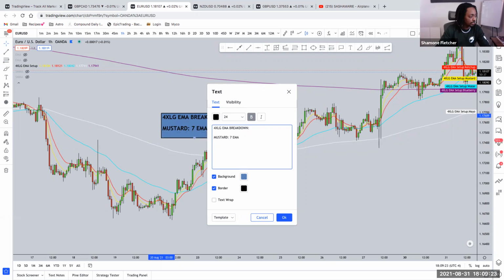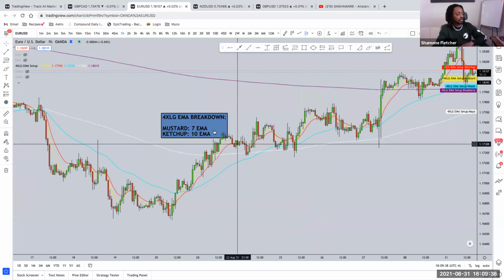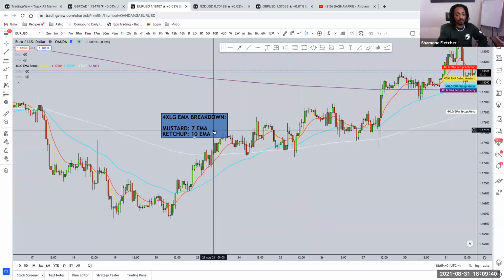And then we've got ketchup. Ketchup is the 10 EMA. And so ketchup and mustard are used for scalping.